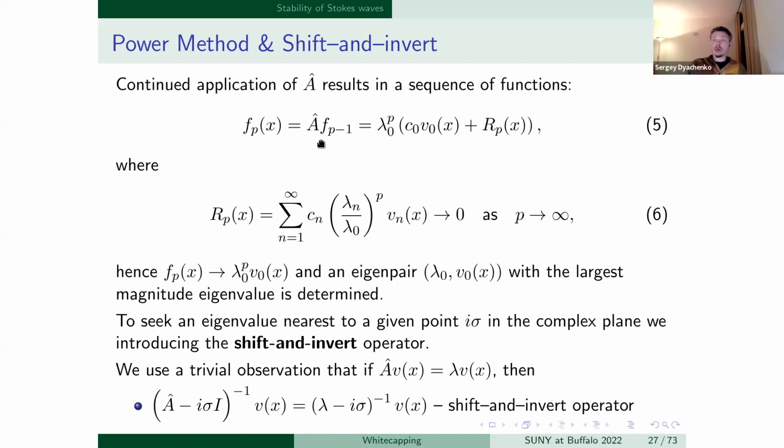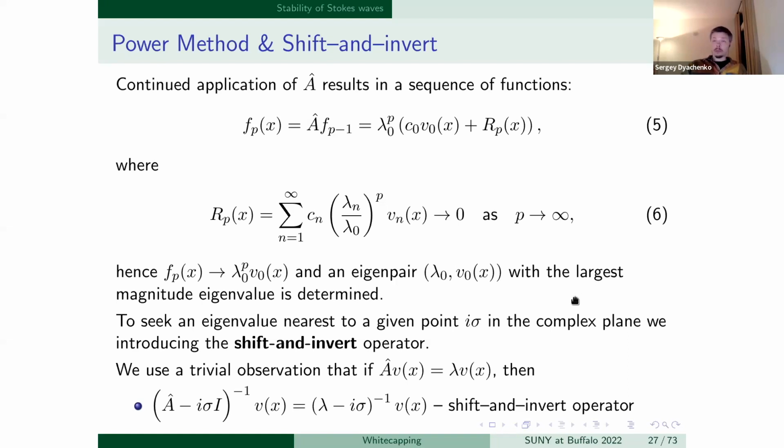Because if lambda was the largest eigenvalue in magnitude, then 1 over lambda would be the smallest. Similarly, if you apply this power method idea to A inverse, you would find the smallest in magnitude eigenvalue of A.